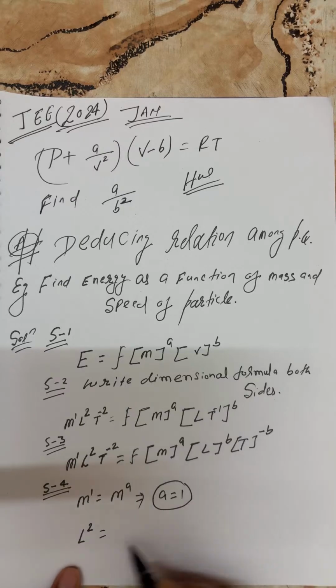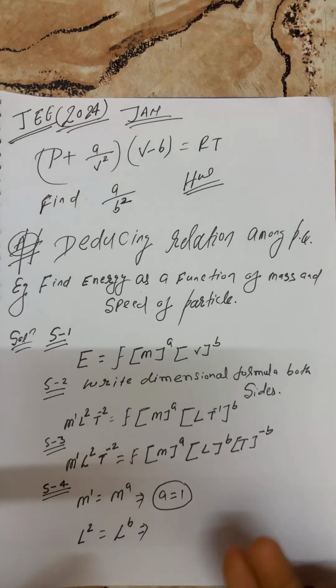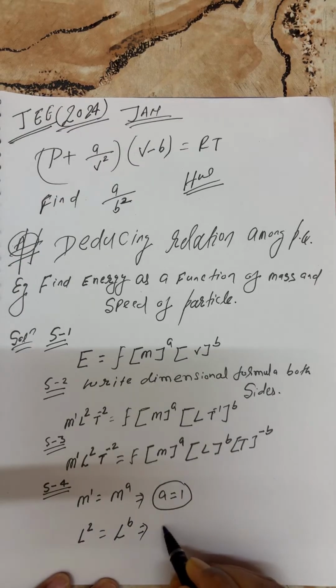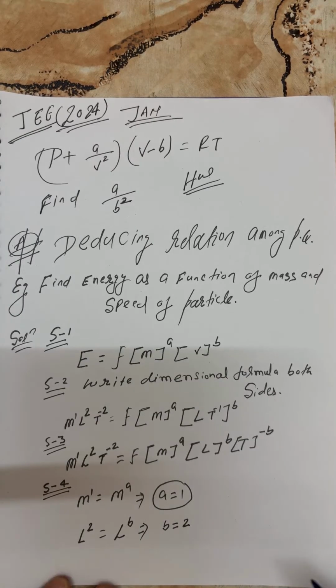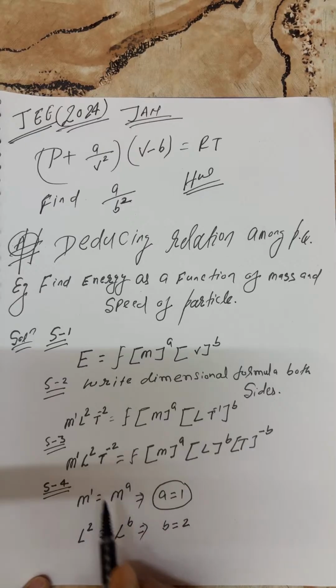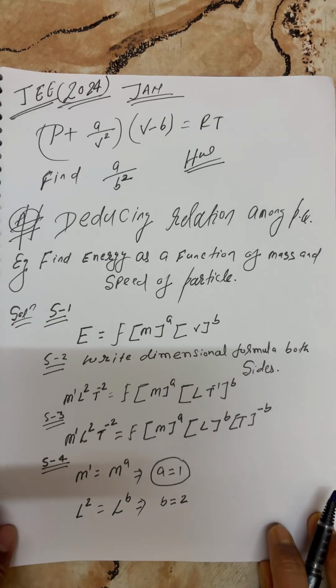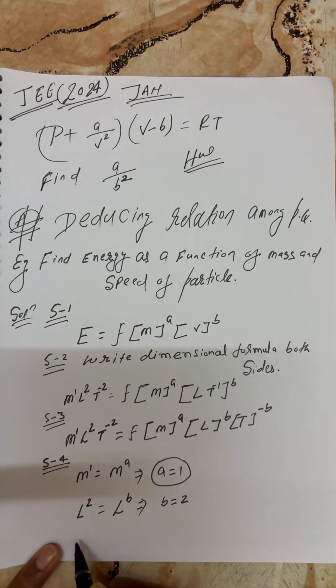Next, student, you can equate L to the power 2 on the left hand side and L to the power B on the RHS. This implies the exponents you can equate here. So you can say B is equal to 2. Correct, student. Next, you can see in LHS, T to the power minus 2.